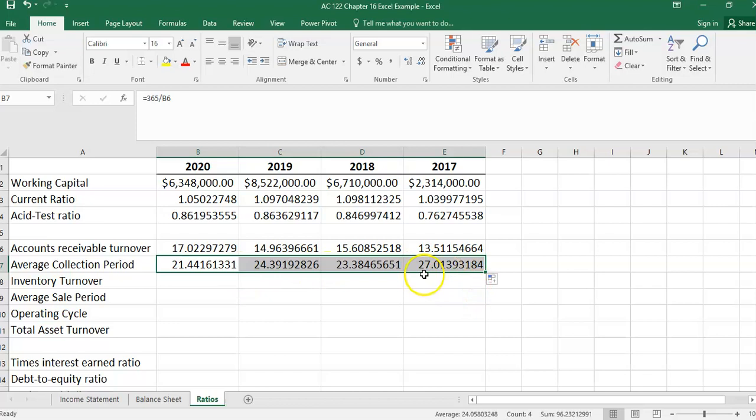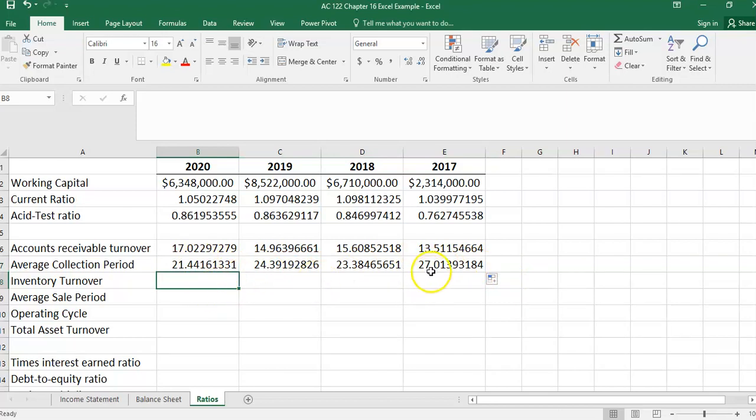We can also see that this is improving. It's taking less days. When we're looking at trend information, we would want to see this number staying consistent or decreasing. If this number is increasing, that tells us that we're starting to have cash flow issues because our customers are taking longer and longer to pay us for their credit sales.